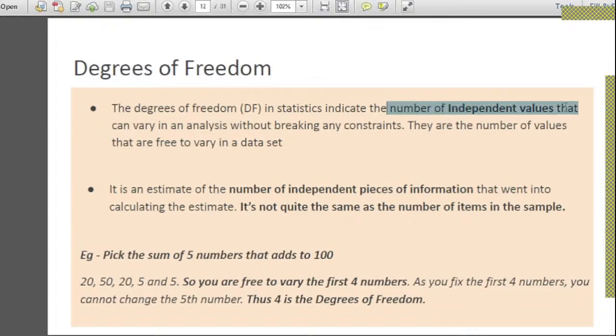It indicates the number of independent values that can vary in an analysis without breaking the constraint. Okay, so I've given an example here which I've already discussed.